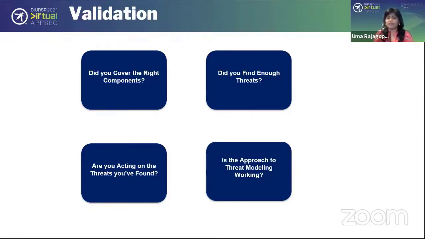If you have a lesser number of findings, that's one way to see if this approach is working for you. Also, you have to make sure that your DevSecOps cycle is shorter now. So all of those metrics will tell you if this approach is working or not for you.